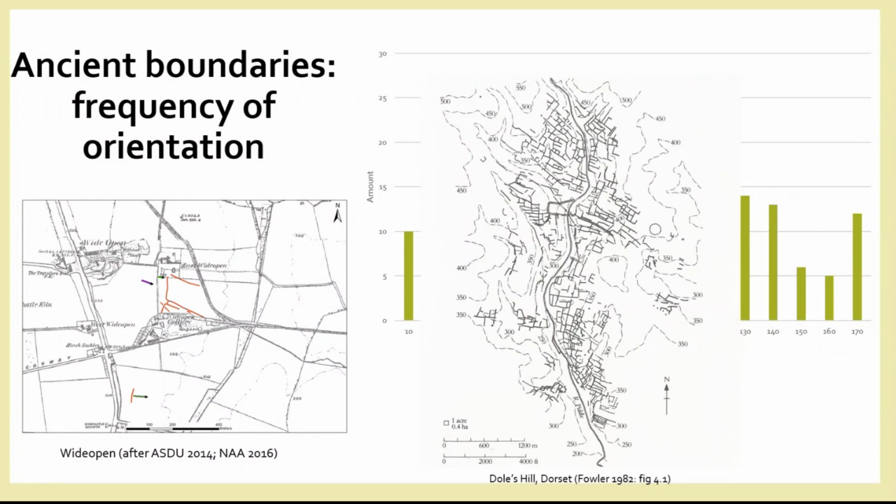This is where I was in danger of going down a rabbit hole a little bit, but I wanted to keep as close to the data as I could. But obviously I was drawing on other studies, like this landscape in Dorset with a common orientation, which conforms with my graph that I just showed you.